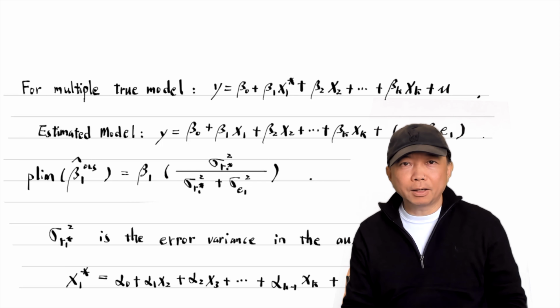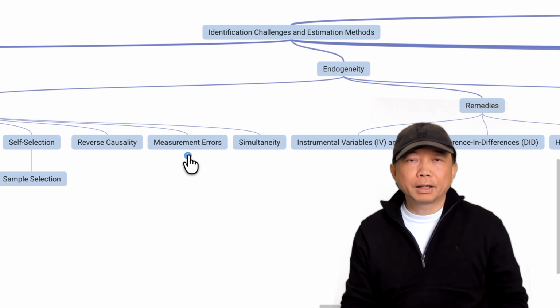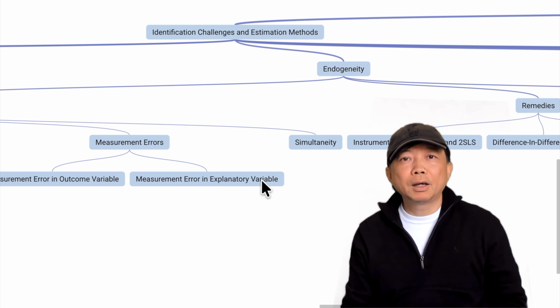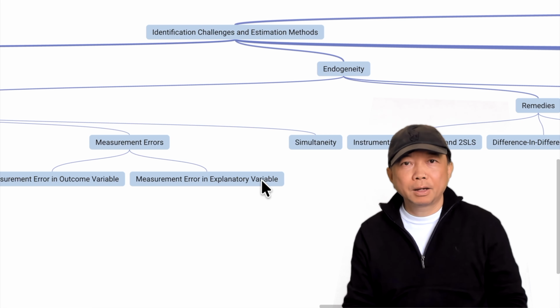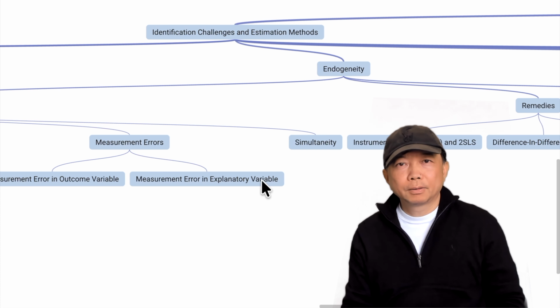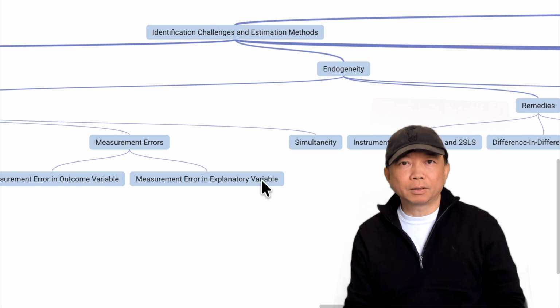Today, we discuss the OLS estimates when the explanatory variable is mismeasured with error. It leads to an attenuation bias under the classical errors in variables assumption. The OLS estimate is biased toward 0, and the marginal effect of that variable will be underestimated.